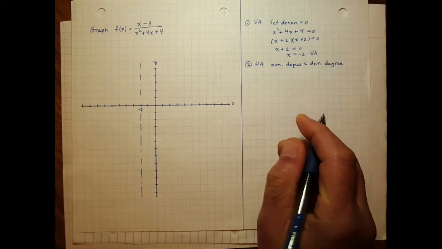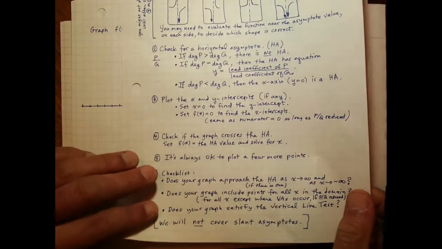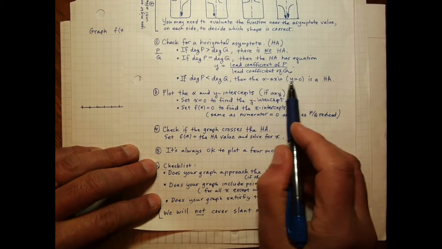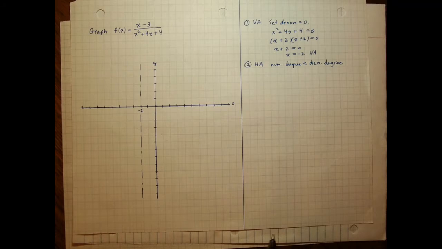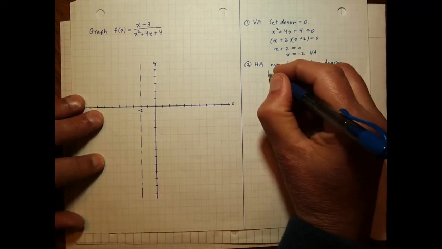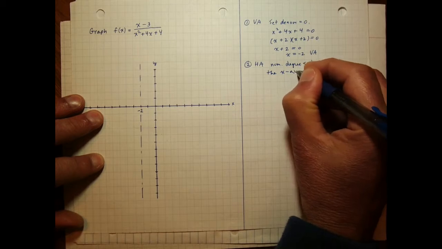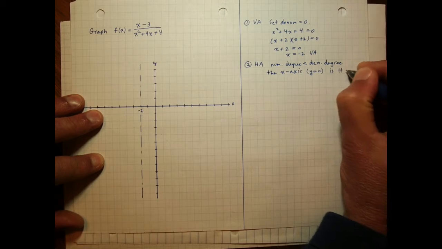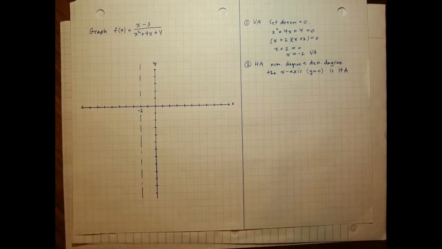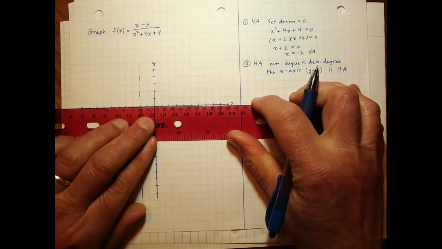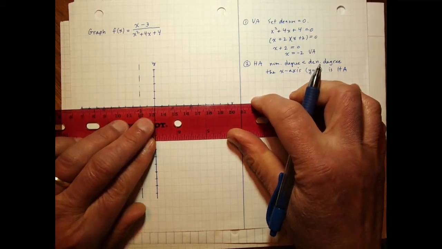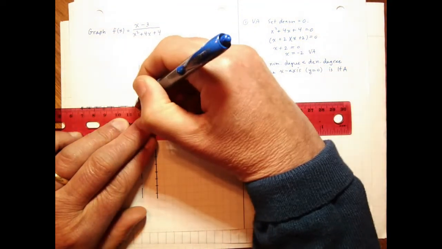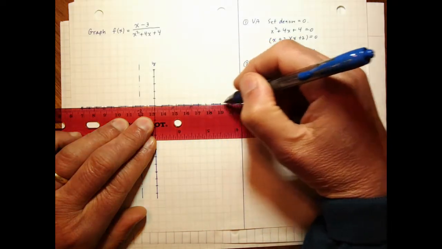And in that case, on our sheet, we know the x-axis, y equals 0, is a horizontal asymptote. So the x-axis, also known as y equals 0, is our horizontal asymptote. I'm going to line up my ruler here, and just so it shows up, I'm going to put it slightly off. Dotted line for the horizontal asymptote.